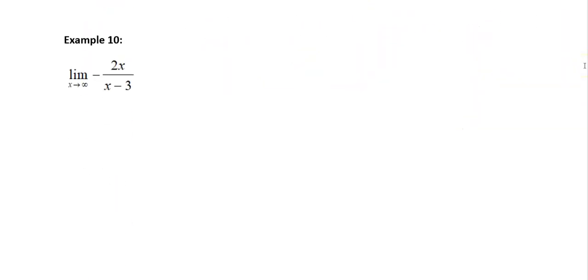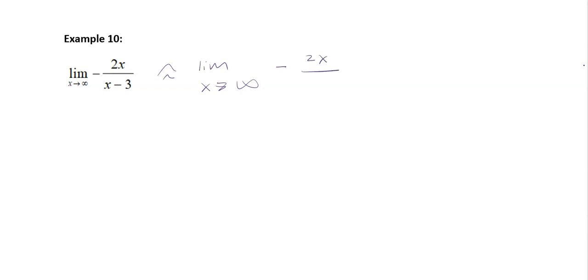When I go to example 10, this is another similar one. As x goes to infinity, this is approximately the same as the limit as x goes to infinity of the negative. Just keep the highest term on the top.